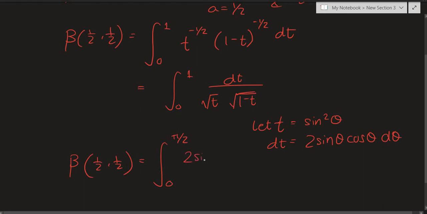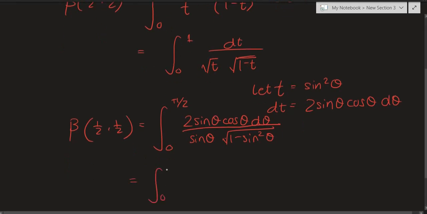dt is, as I said, 2 times sine theta times cosine theta d theta, divided by the square root of t, which is basically sine theta, because t is sine squared theta, and 1 minus t is 1 minus sine squared theta, which is cosine squared theta.